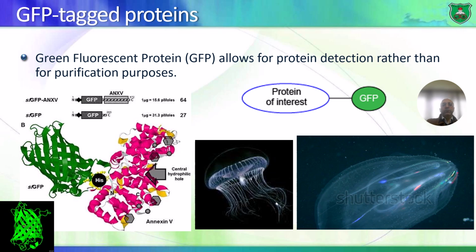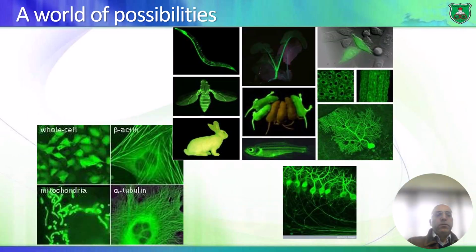So these are some examples of proteins that have been tagged. Tagged means that we attach another protein to them, or a piece of protein, or whatever. This is a whole cell. These are different cells that express the green fluorescent protein, and the whole cell fluoresces.